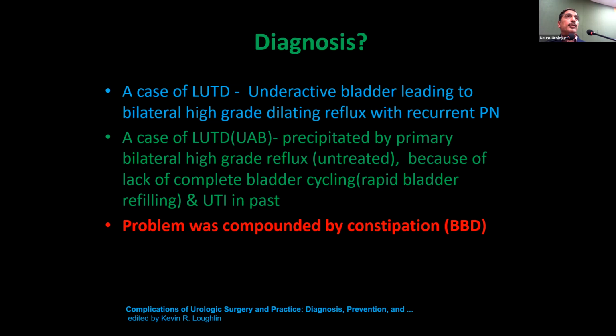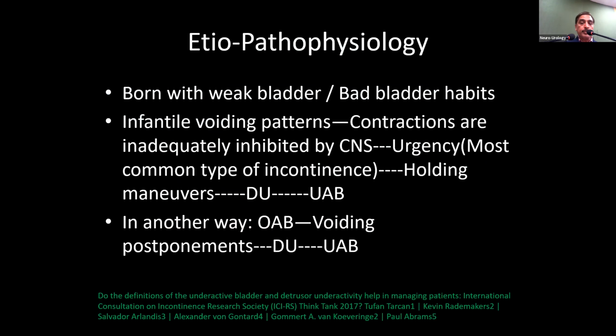It was getting filled with some 50, 60 or 70 ml of urine immediately after the completion of voiding, and that was not giving enough rest to the cycling of the bladder. Maybe leading the child to void more frequently, and when he started going to school, he was trying to hold it. Again come the holding maneuvers and gradually detrusor underactivity. And this was compounded by constipation and recurrent urinary infection.